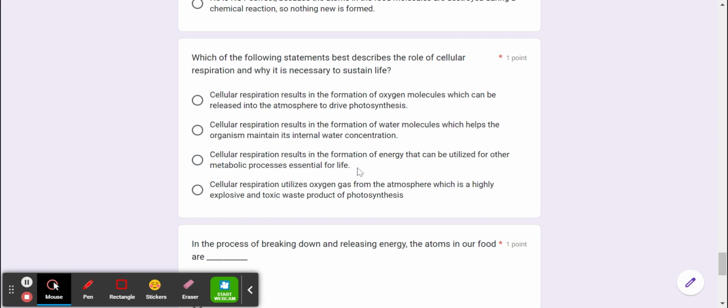Cellular respiration results in the formation of energy that can be used for other metabolic processes essential for life. Cellular respiration utilizes oxygen gas from the atmosphere, which is a highly explosive and toxic waste product of photosynthesis. So, which one of those describes why cellular respiration is so necessary for life?